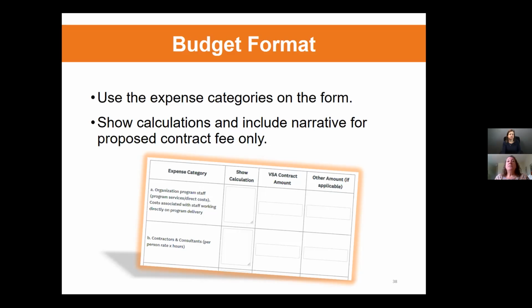The line items will add up to the proposed contract fee. You are not required to outline other sources of funding in your proposal. However, we have provided a budget column for this information if you choose to include it.